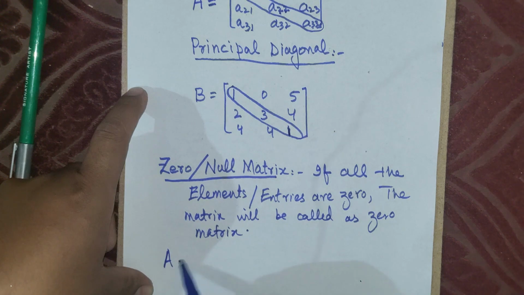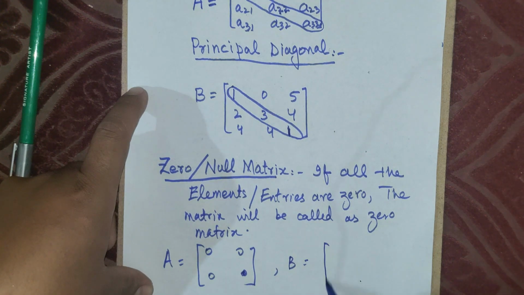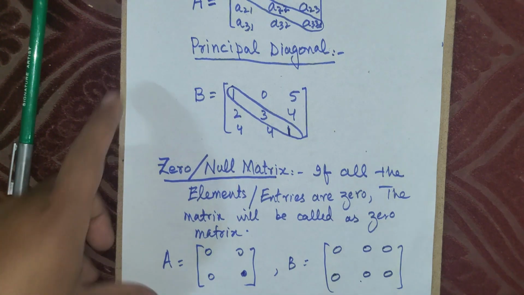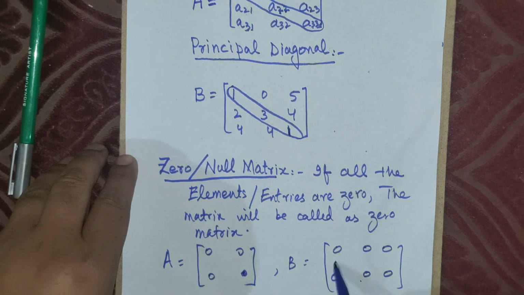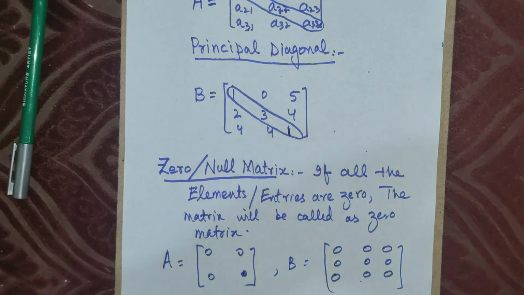For example, A is equal to 0, 0, 0, 0. B is equal to 0, 0, 0, 0, 0, 0. So such types of matrices are called zero matrices.